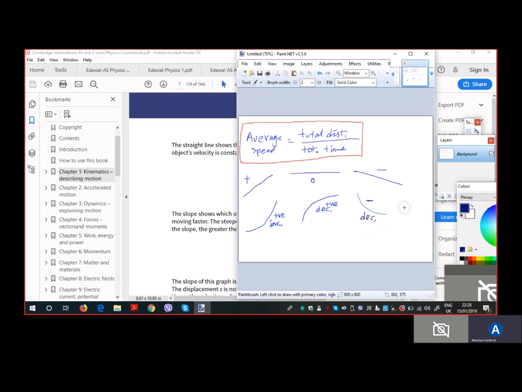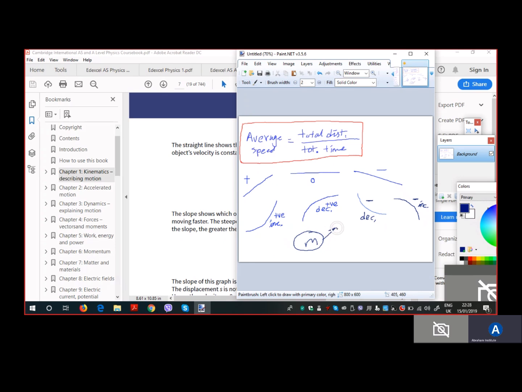And if it was something like this, here still the gradient is negative but increasing. Do you get it? Yeah. Okay, so this is about gradients.